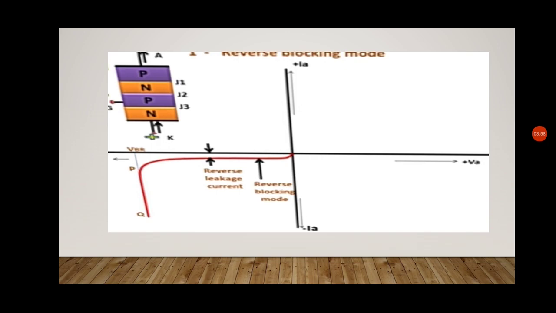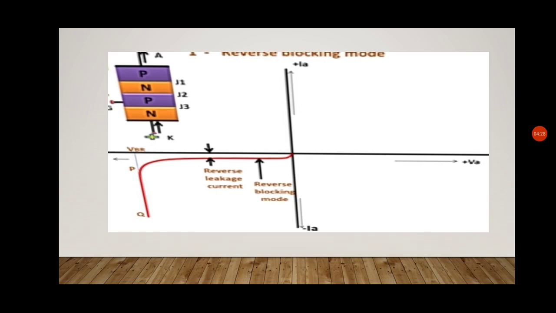Here in the diagram you can see a very minimum current flowing through the SCR due to the reverse leakage current, or the flow of minority carriers. This mode is called the reverse blocking mode. It is blocked, it is in off state, because of the reverse bias of junctions J1 and J3.